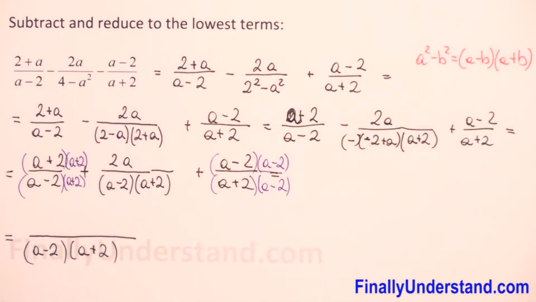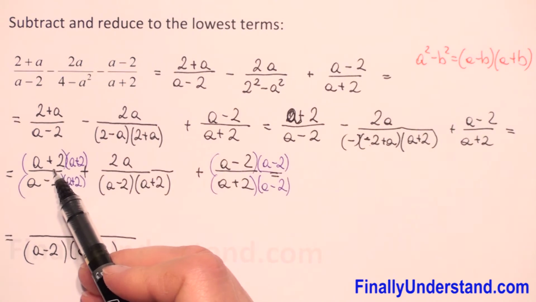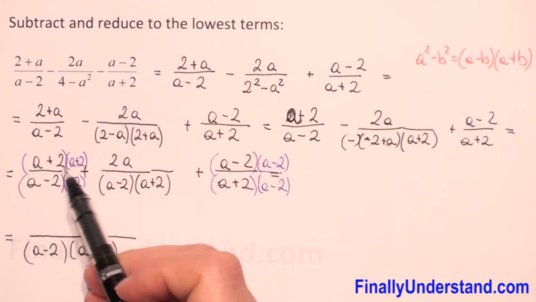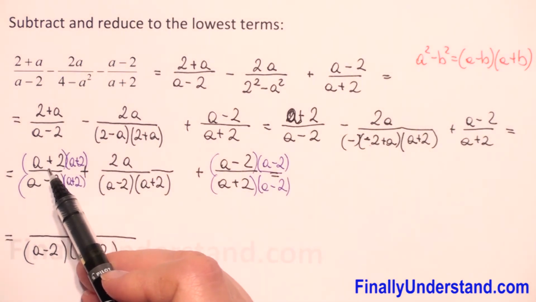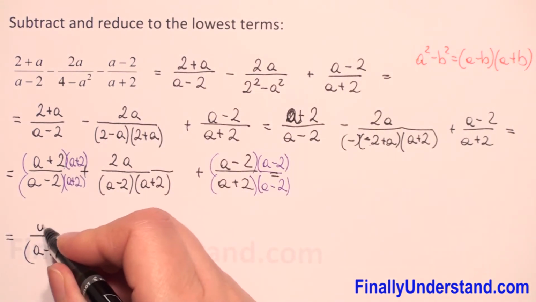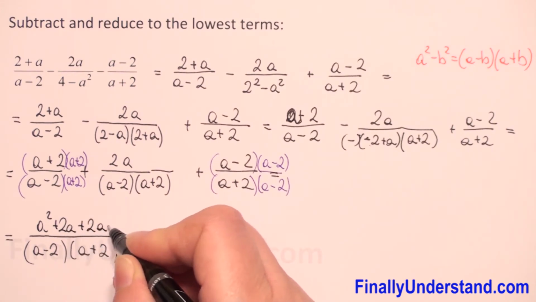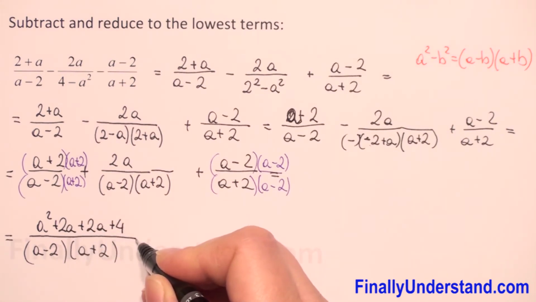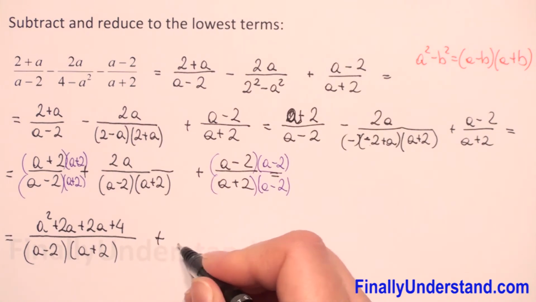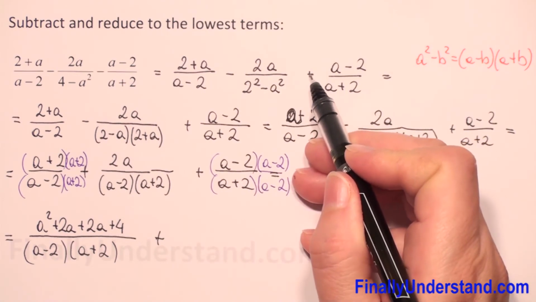So now the denominator we have the same, and in the numerator we have to do multiplication, a plus 2 times a plus 2. So every term in the first parenthesis we have to multiply by every term in the second parenthesis. So it will be a squared plus 2a plus 2a plus 4, and the second, of course, I forgot, I made a mistake.